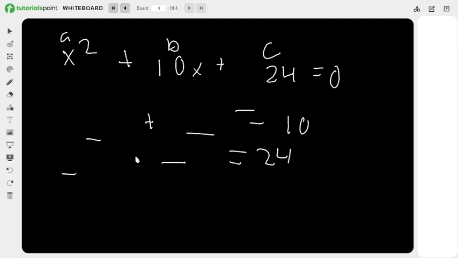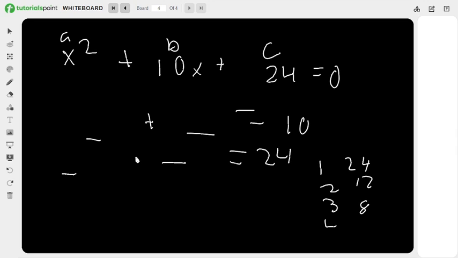So, something I should have clarified earlier, these numbers have to be the same. They have to be the same two numbers. We can't just put what our numbers look like. That'd be too simple. So let's break this down, right? What are all the ways to multiply to 24? Well, 1 times 24, 2 times 12, 3 times 8, 4 times 6.